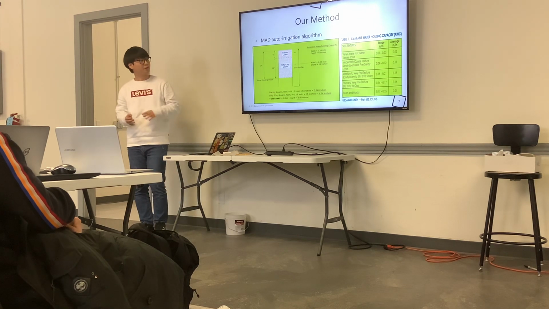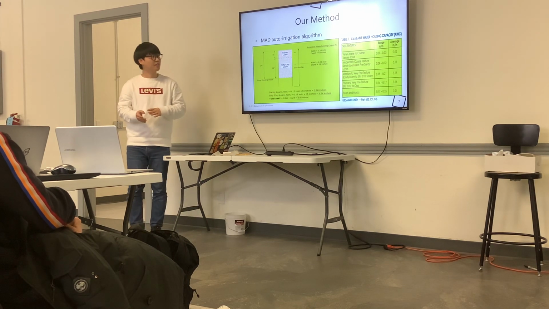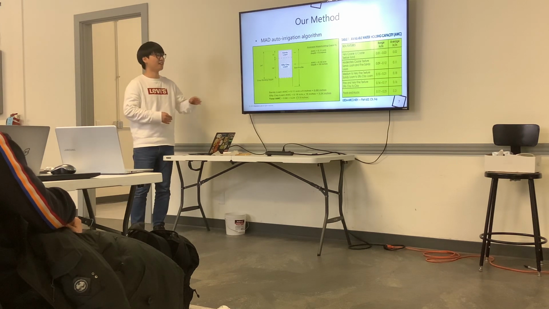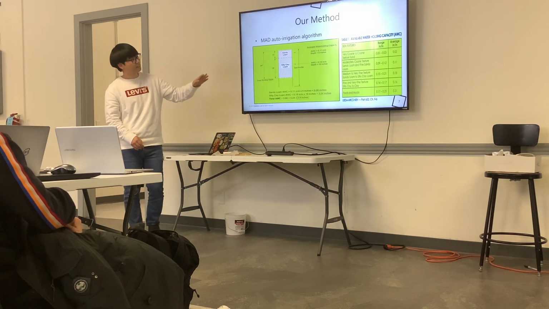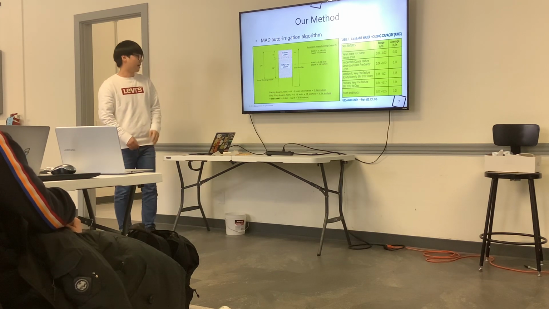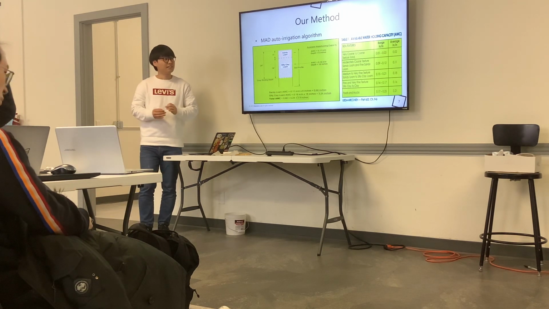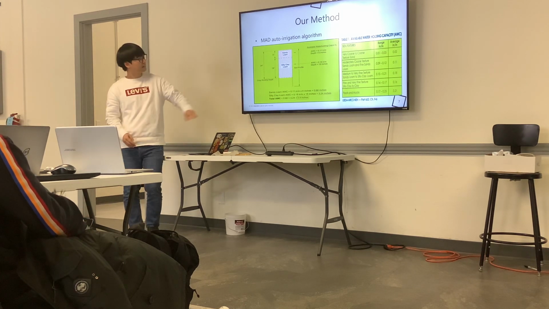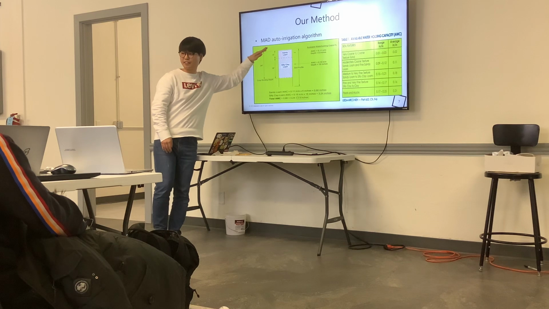To irrigate, we needed to know how much water the soil can hold. So we use the AWC. AWC is available water holding capacity. And AWC depends on soil type. So for example, this part is sandy loam.